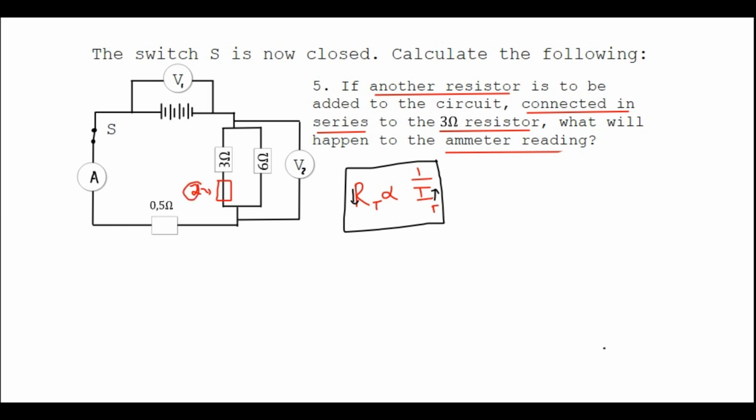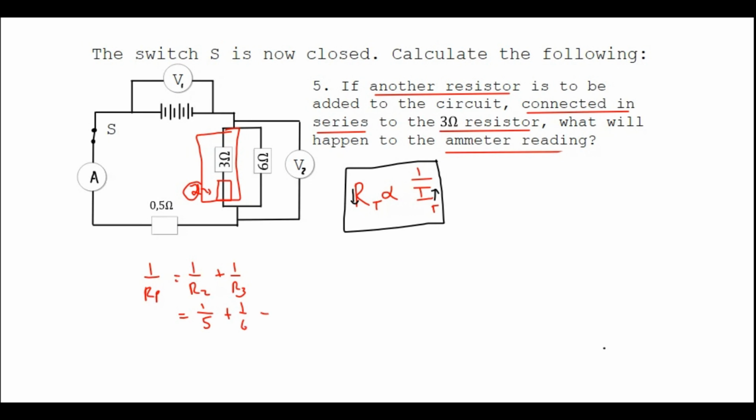Okay, and again we need to start off with our parallel first. Okay, 1 over R2 plus 1 over R3. But remember, R2 over here is first going to be the sum of these two together. So that means this is going to become 1 over 3 plus 2 is 5, plus 1 over 6. And now we have a different ball game.